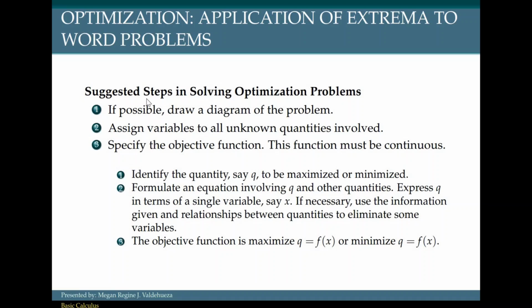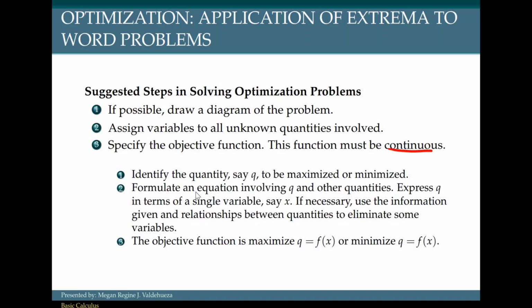So here are the suggested steps in solving optimization problems. Step 1, if possible, draw a diagram of the problem. Step 2, assign variables to all unknown quantities involved. Number 3, we specify the objective function. So this function must be continuous. So in this, we identify the quantity, say q, to be maximized or minimized.